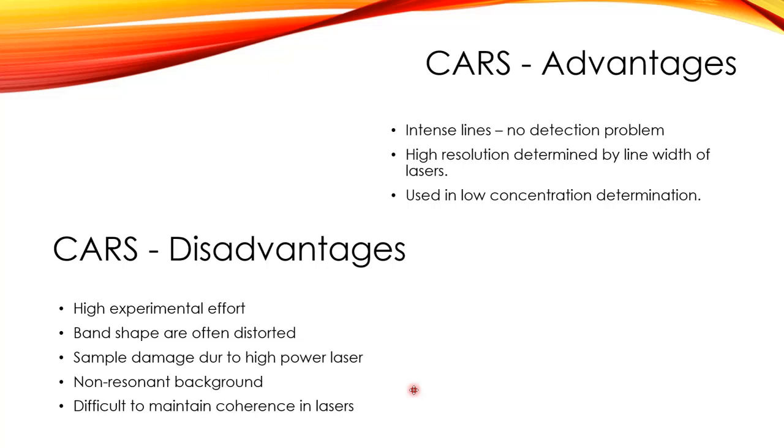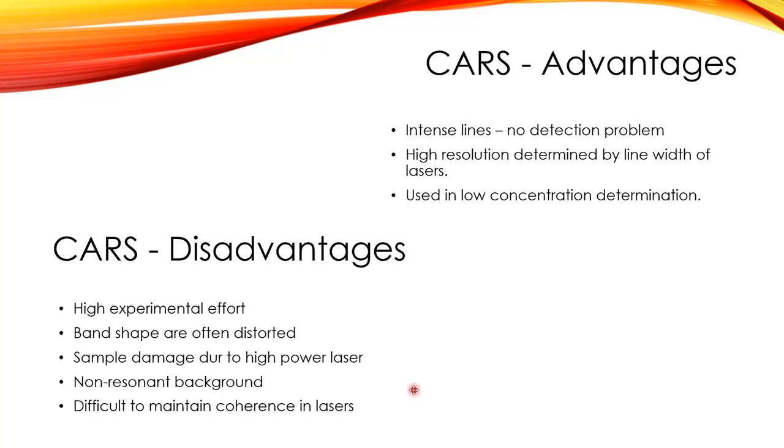The CARS signal can be discriminated from the light resulting from other processes such as fluorescence and thermal emission. CARS spectroscopy reveals a high resolution, which is determined by the line width of the lasers nu0 and nu-t. CARS is used for low concentration determination in the range of micrograms. In the case of non-resonant CARS, the detection limit is in the range of 0.01 to 0.05 micron.